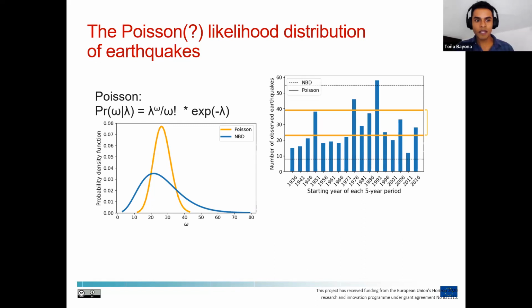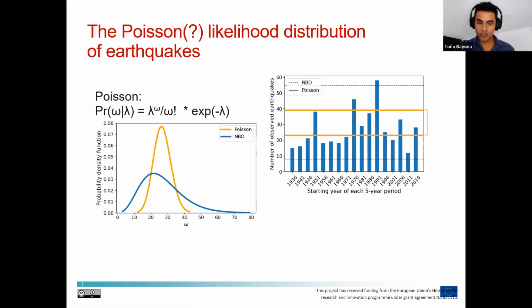So assuming a Poisson distribution, we can compute the probability of observing a number omega of real earthquakes given the expected value lambda that the model is providing. In this very simple example, I'm showing you a Poisson distribution centered on a mean value of about 28 earthquakes.